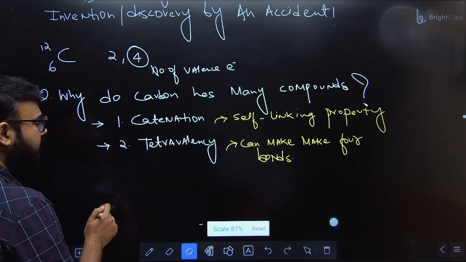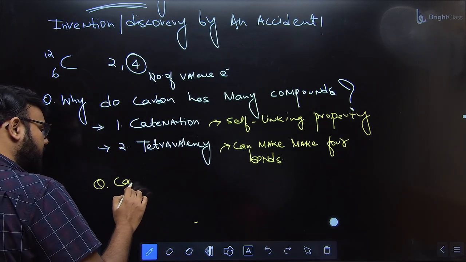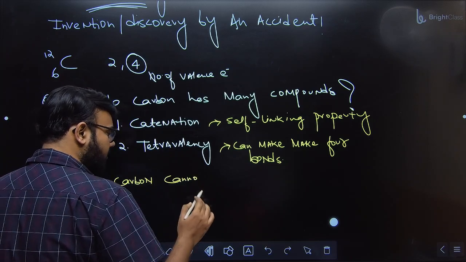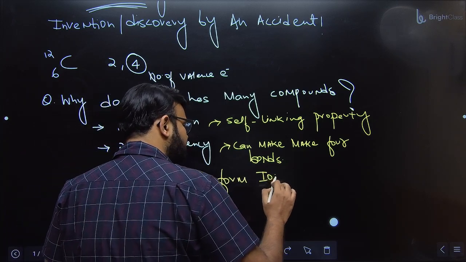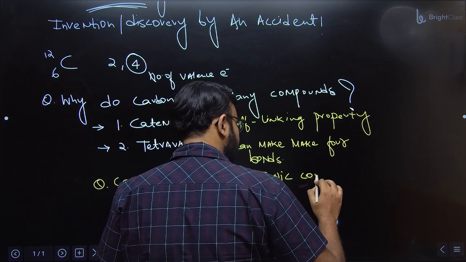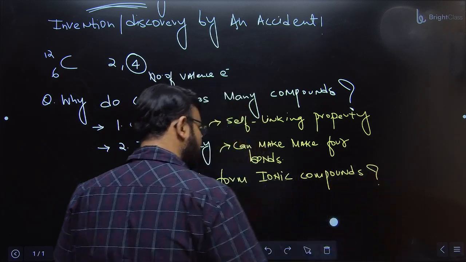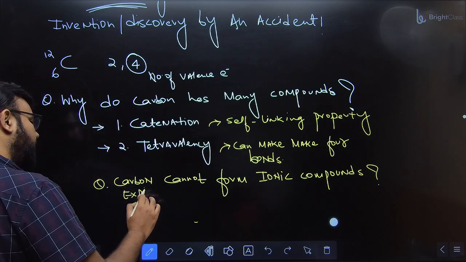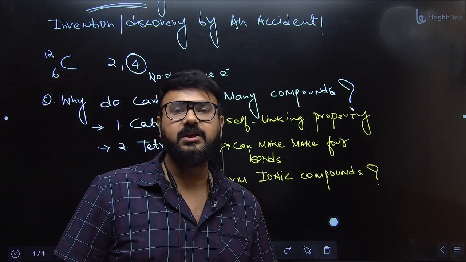Now remember one more thing. Carbon cannot form ionic compounds. Why? You need to know one more thing.